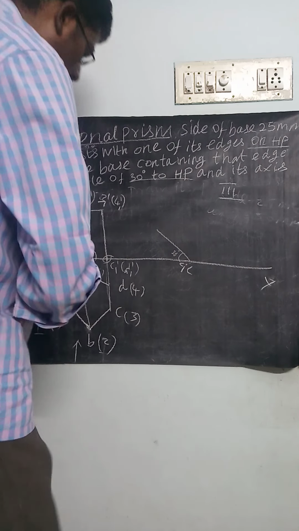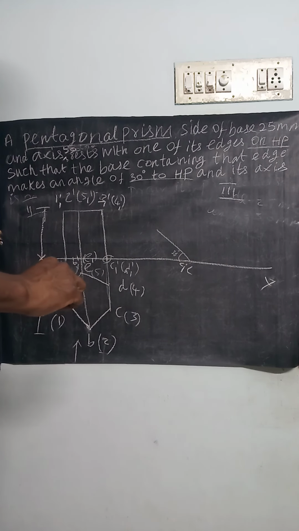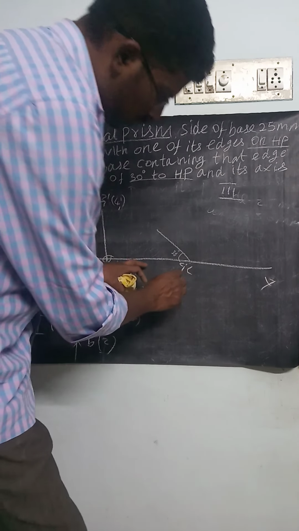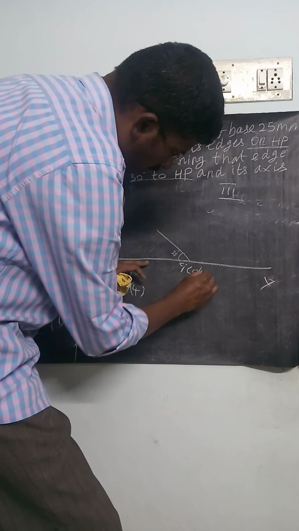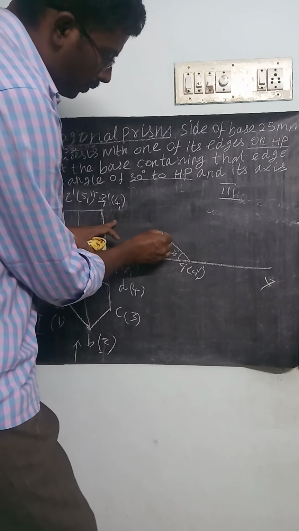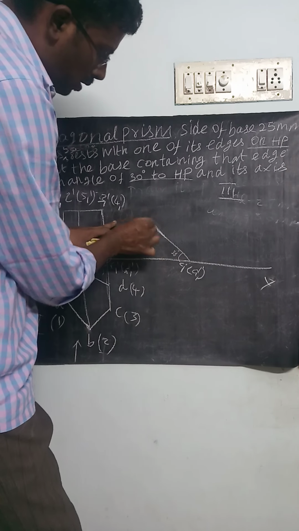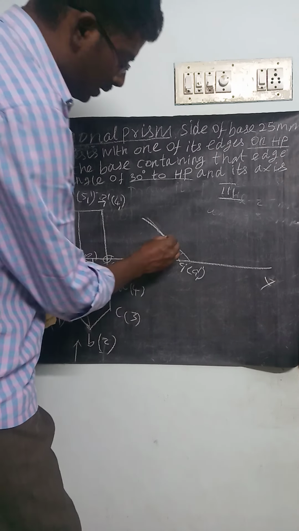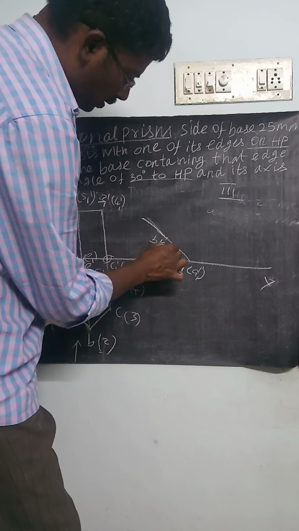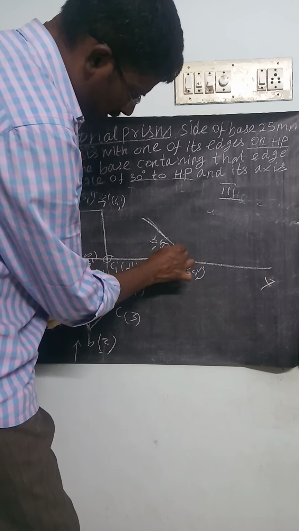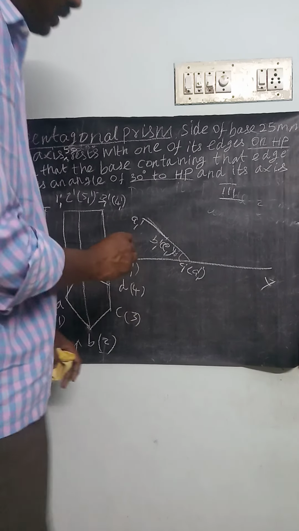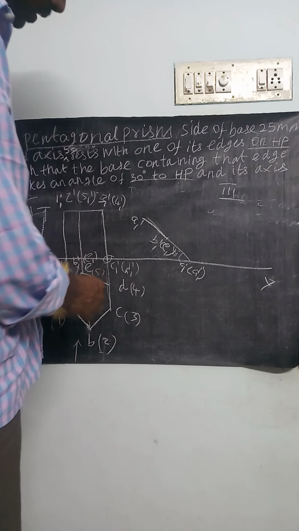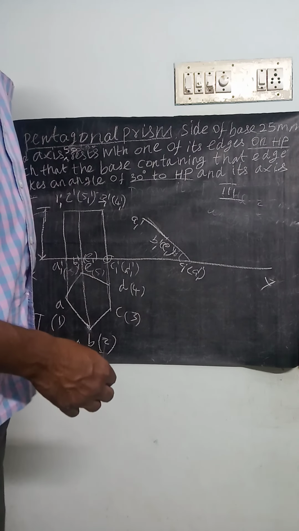Just note down the points: D1 dash. The second point is B1 dash. Next the closing point D1 dash. The last point is E1 dash. Next, take the compass.